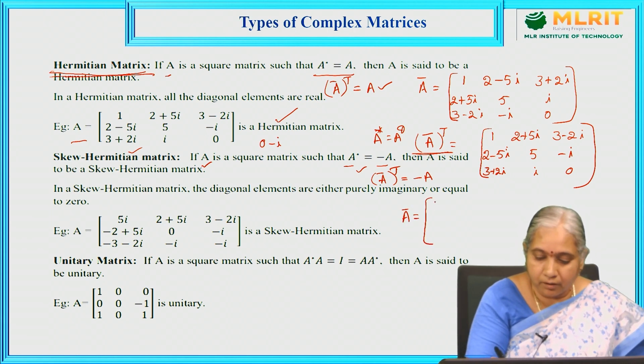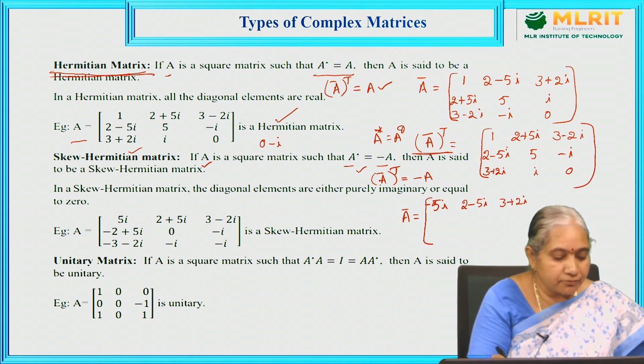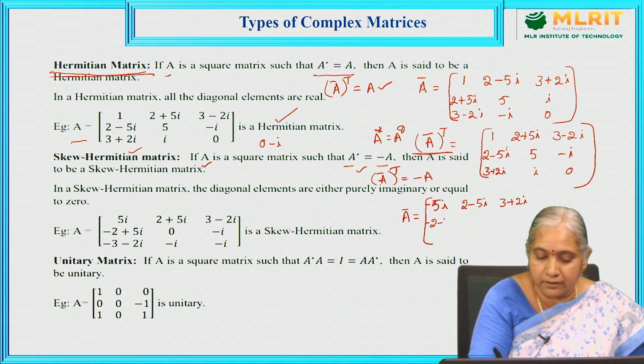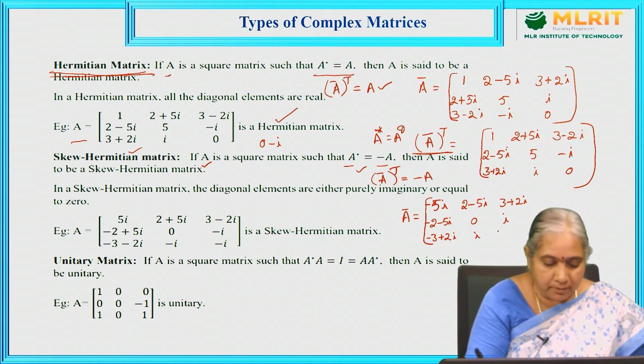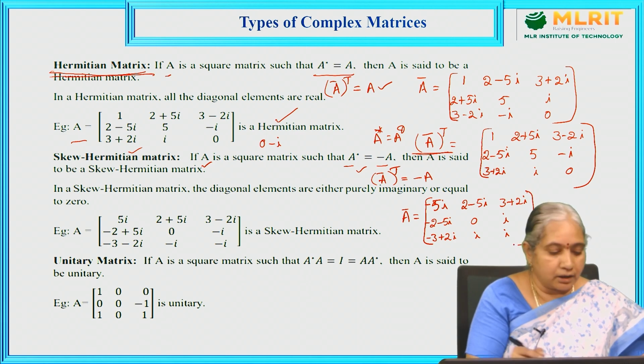Conjugate of 5i is minus 5i. 2 plus 5i becomes 2 minus 5i. 3 minus 2i becomes 3 plus 2i. Minus 2 plus 5i becomes minus 2 minus 5i. 0. Minus i becomes plus i. Minus 3 minus 2i becomes minus 3 plus 2i. Minus i. Minus i. Now this is the conjugate of the given matrix A.